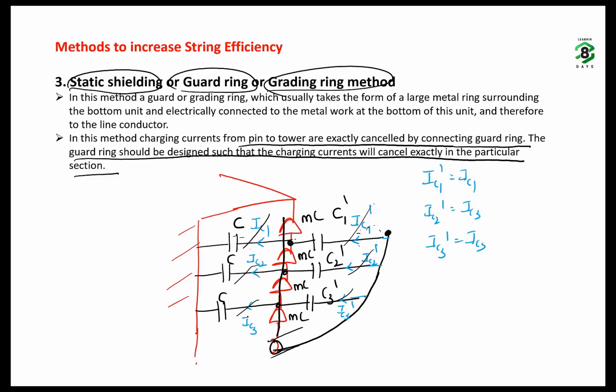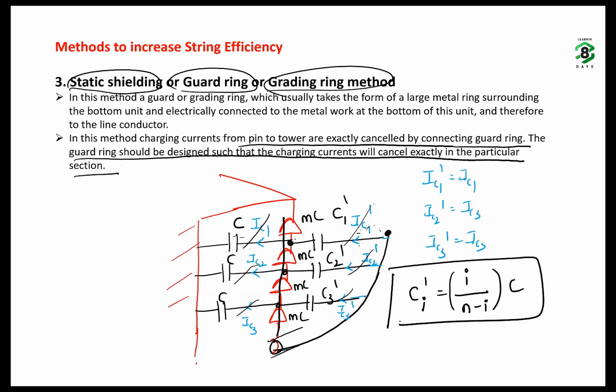If you want to calculate the capacitance Cn dash, the generalized formula is Ci dash is given by i divided by (n minus i) into C.